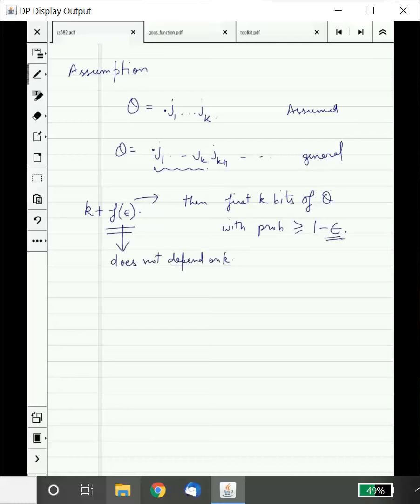I will not expand upon this. If you are interested, you can consult the book, but it seems believable. If we do this operation for slightly more qubits, if we try to guess j1 to j k plus f of epsilon, the first k bits will be correct with very, very high probability.